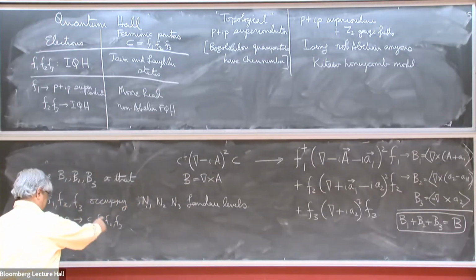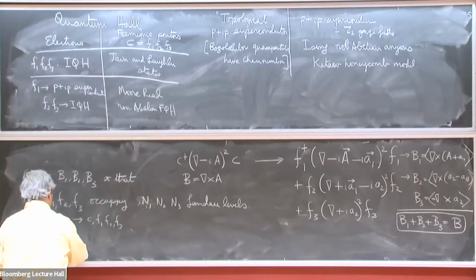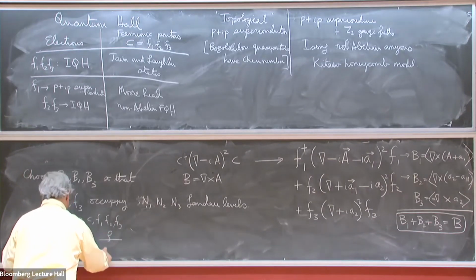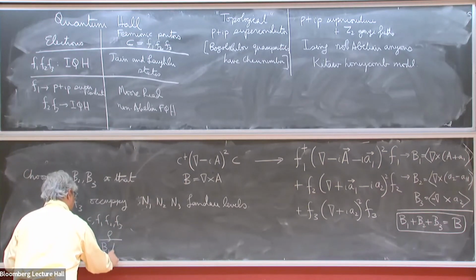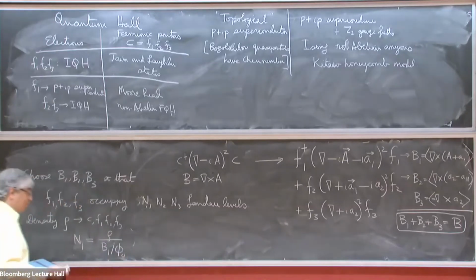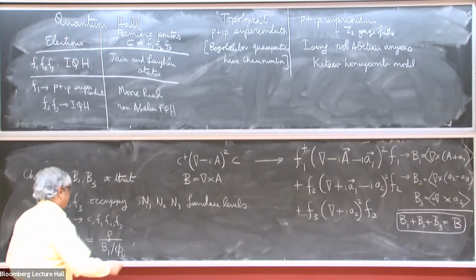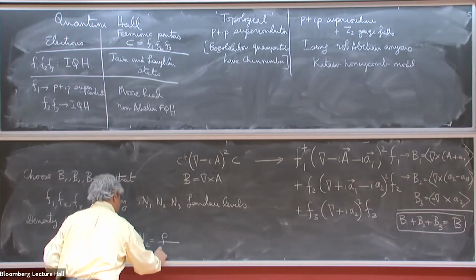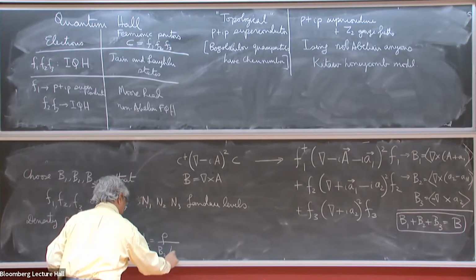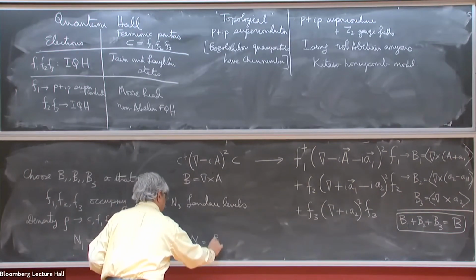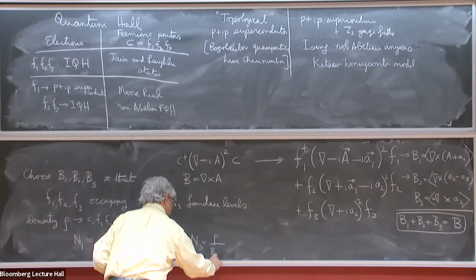Okay, so this will tell you that N1 is the density rho divided by B1 over phi naught, where phi naught is the flux quantum. That's just from the counting of the number of states in the Landau level. N2 is rho over B2 over phi naught, and N3 is rho over B3 over phi naught.